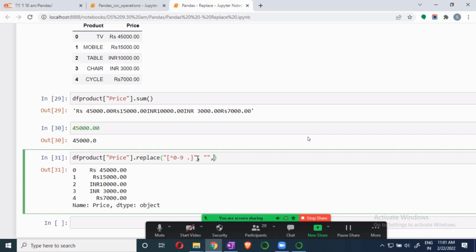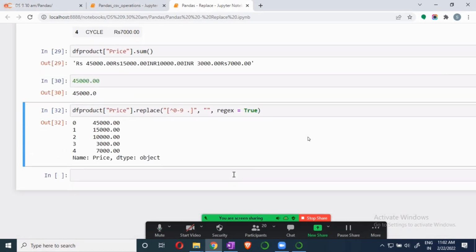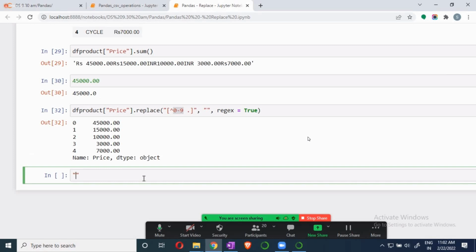We have to replace it with an empty string, comma, regex equals true. I'm making the replace understand that this is a regular expression, not a string. Okay, I got it, guys. What does this say?